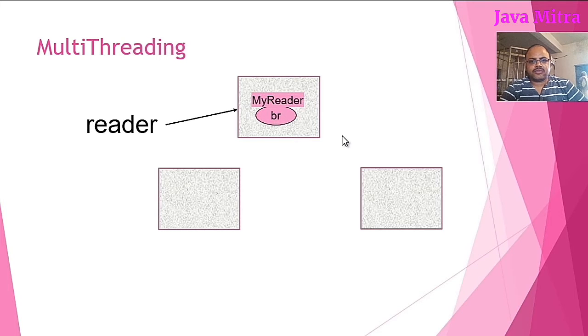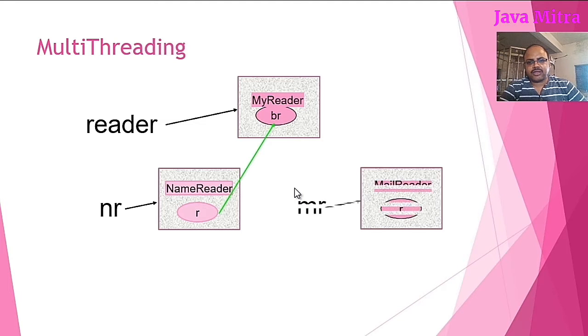I have decided to create a myReader class which will take input from the console, and two threads named name reader and mail reader.